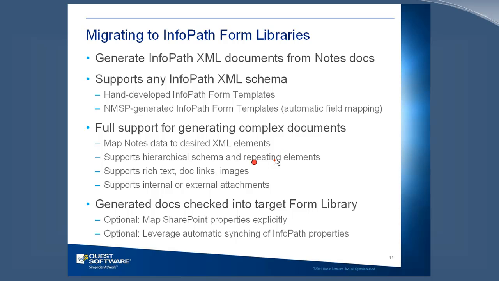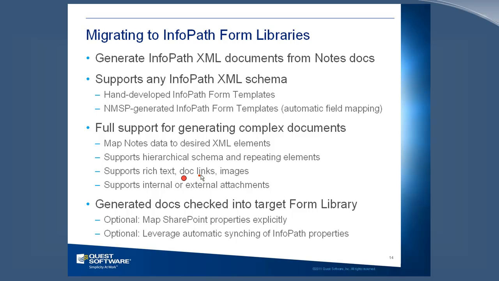You might even have repeating elements. If your document has multiple categories, you might have defined the category field to be a repeating field in your InfoPath schema. That's okay. We can take a multi-valued category field in notes and map that to your repeating XML table. We support the way InfoPath likes to handle rich text. Rich text is encoded as XHTML, and we support that.